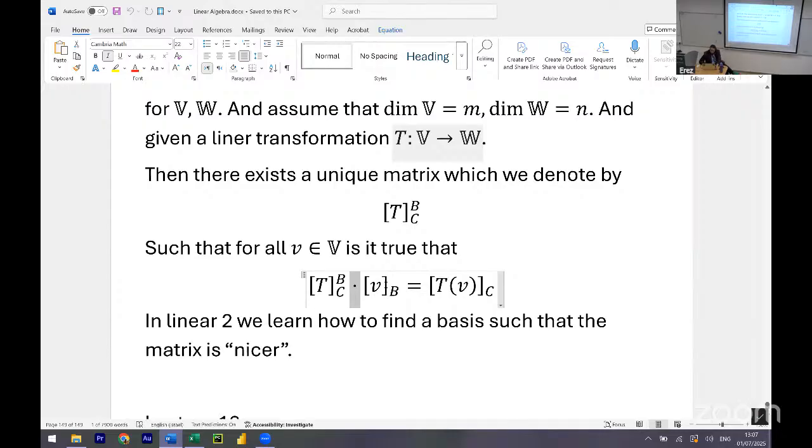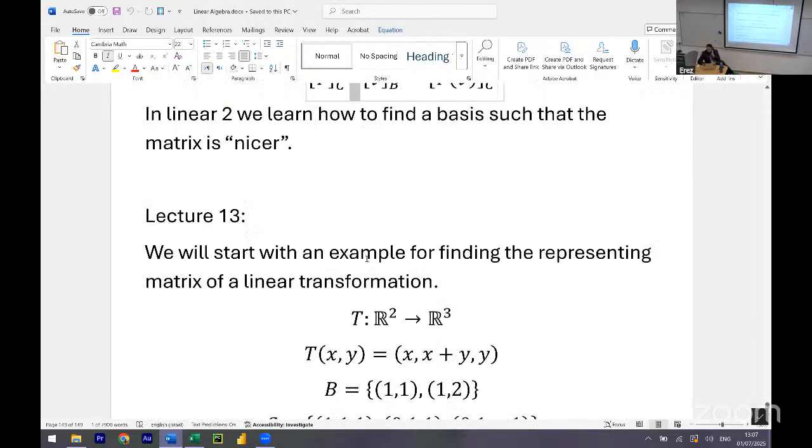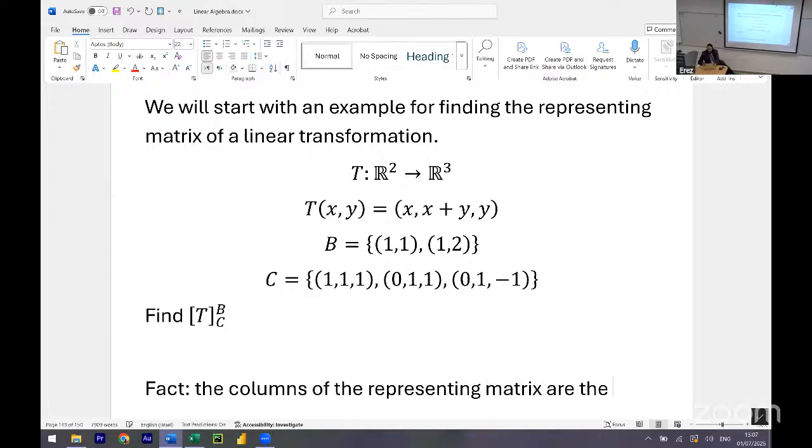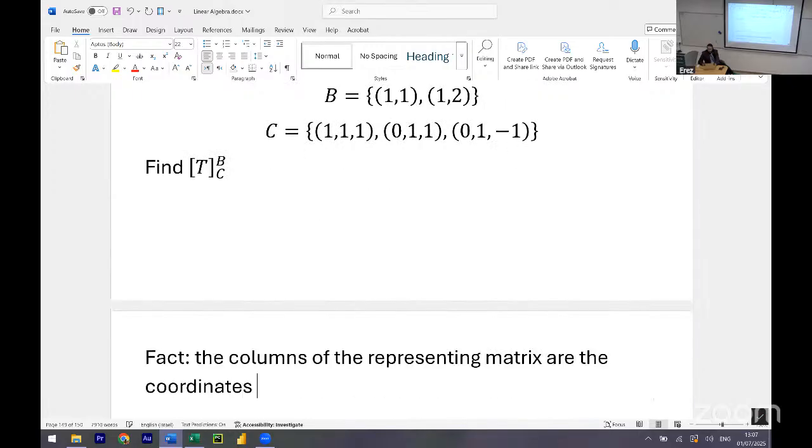Okay. What I didn't say in that theorem, and I will say now before we start, in fact, the columns of the representing matrix are the coordinates of the images of the bases of the domain.